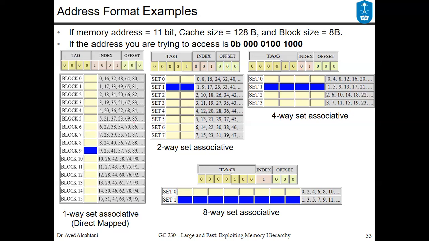Now, one quick way to know exactly how we get this figure: we get different addresses and we locate them inside the cache in the direct map. We say that location 0, if the address is 0, it would be here, followed by 1, 2, 3, until we reach 15.